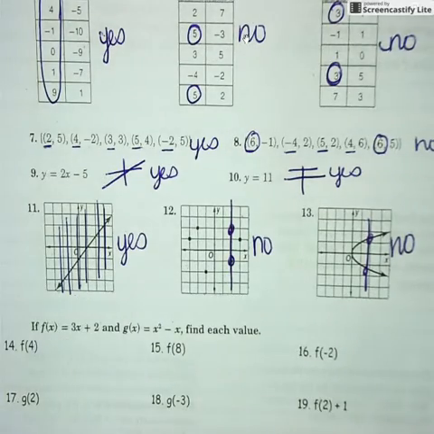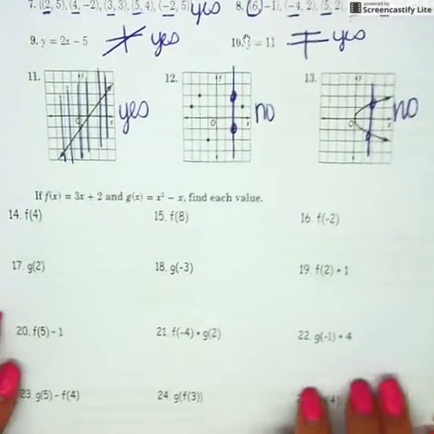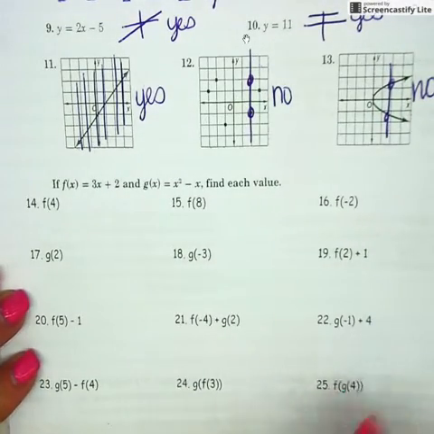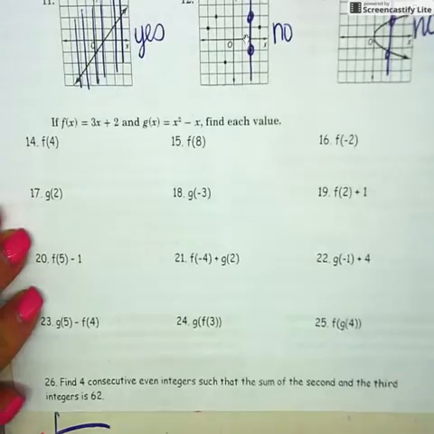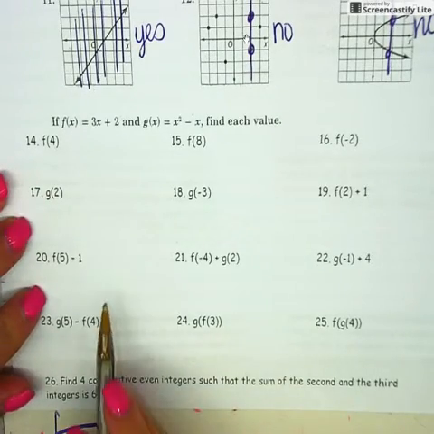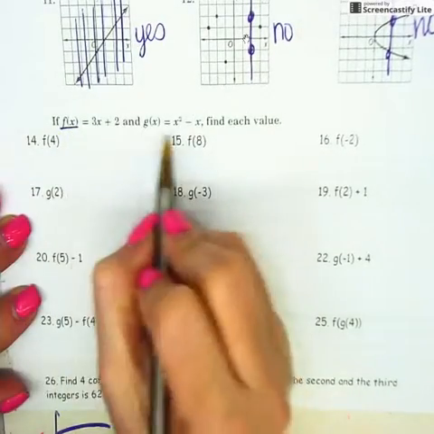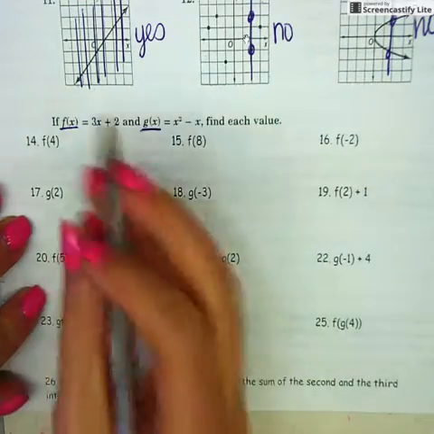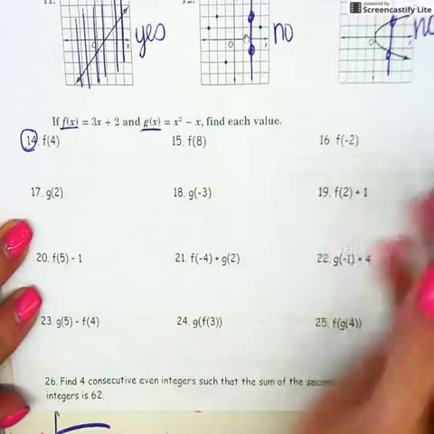So now starting down here with number 14, I won't do all of these, but I will do a majority of them. f of 4. Okay, now you notice there's an f of x and a g of x. So anytime it says f of x, we're going to use the f function.